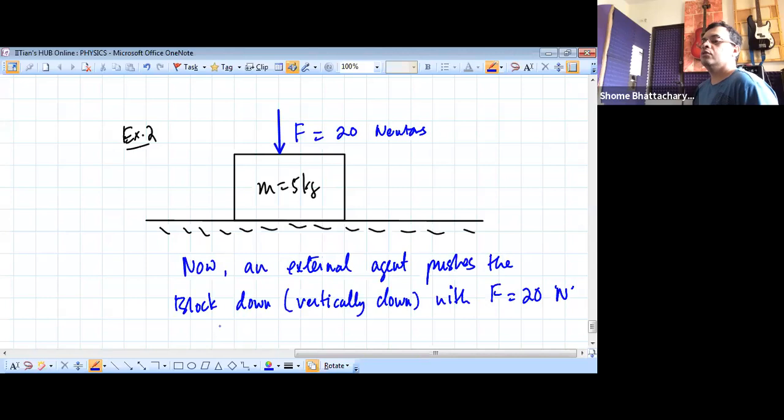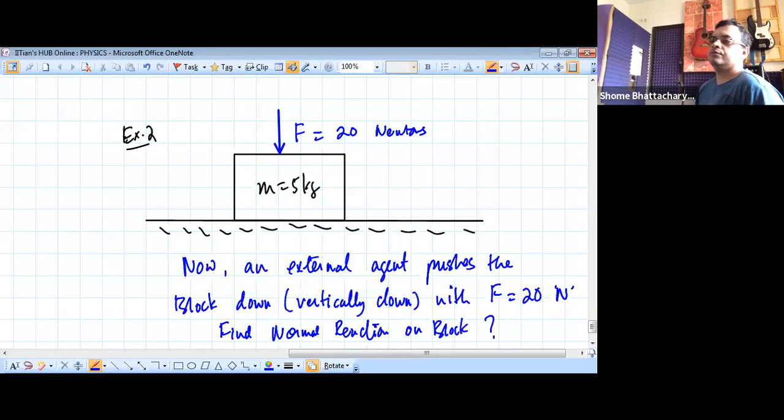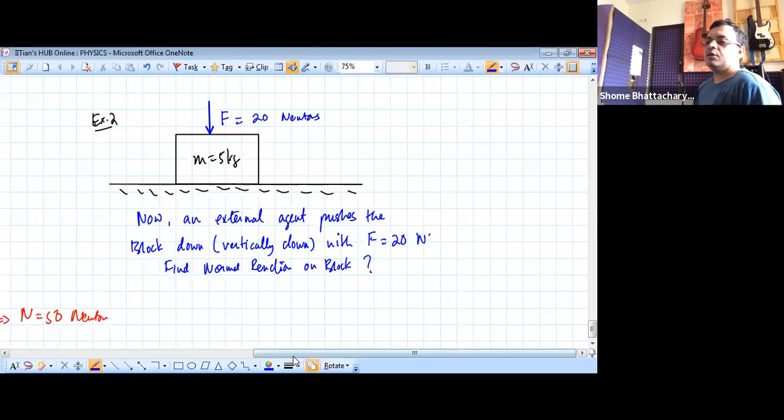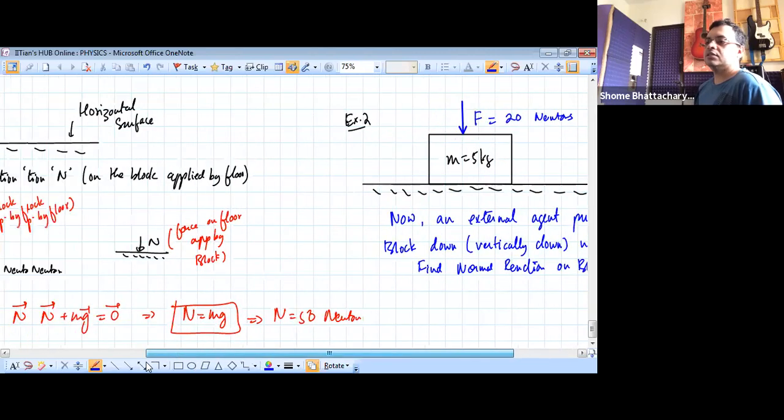So now find the normal reaction on the block applied by the floor. Now compare the two situations and tell me what happened here, how much will the normal reaction become in the second case?